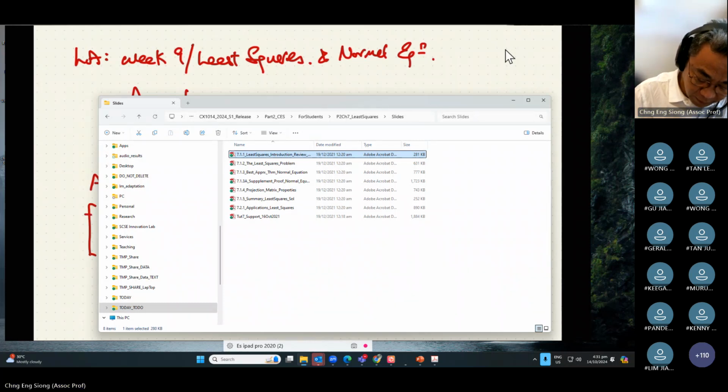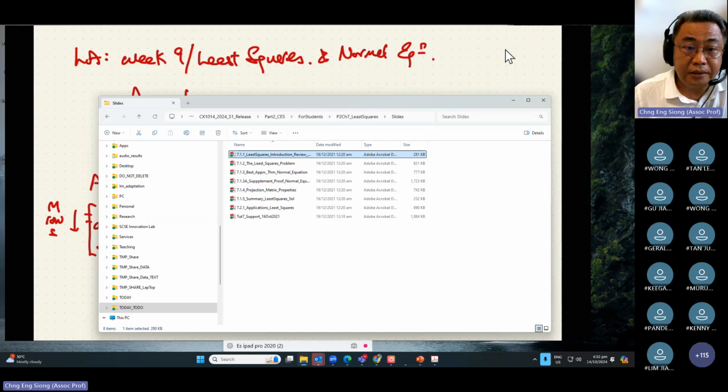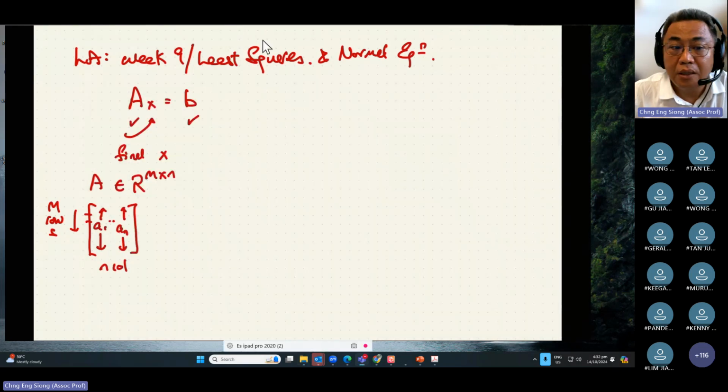We have m rows and n columns. Let's say a1 until an. So n columns.